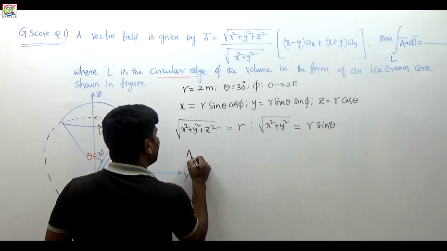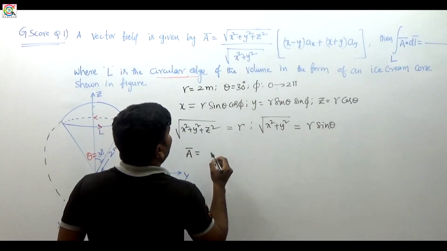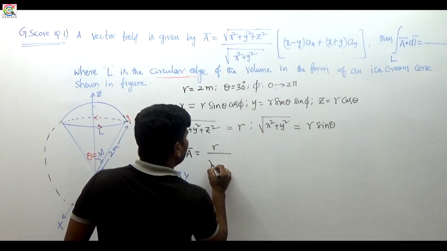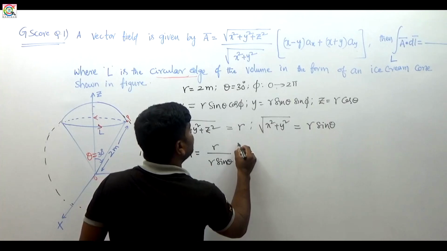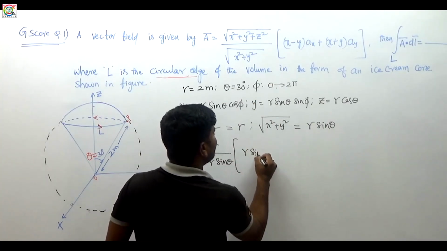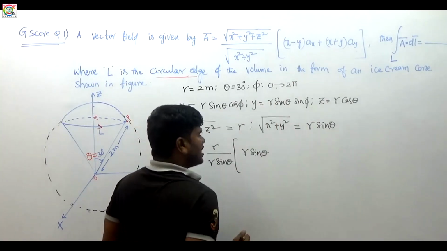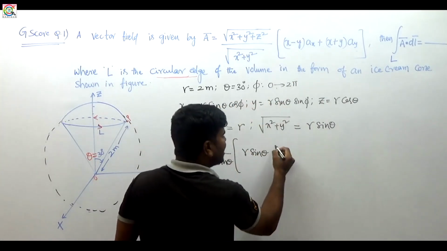Now the vector A bar equals, if you put these values into the given vector, r divided by r sin theta, into x, which means r sin theta cos phi, and y means r sin theta sin phi. You can take r sin theta as common.